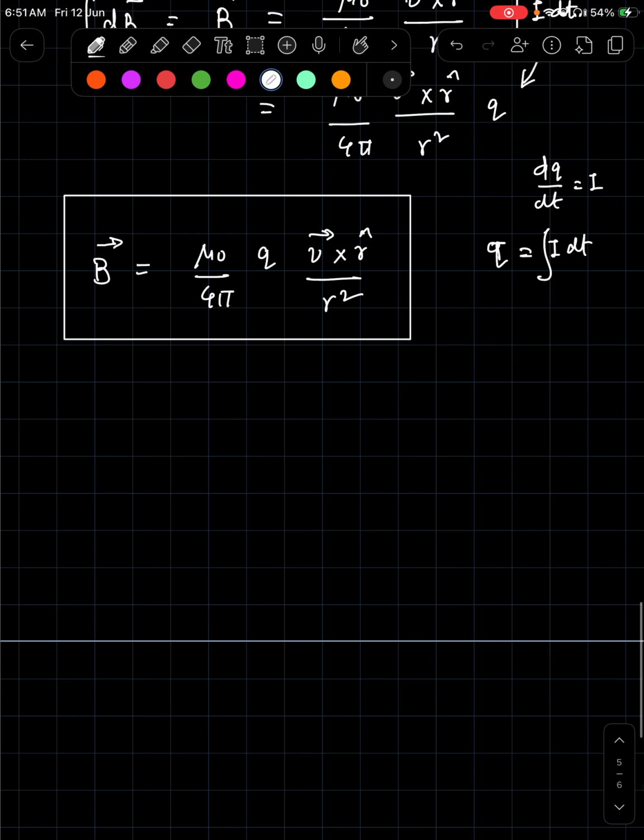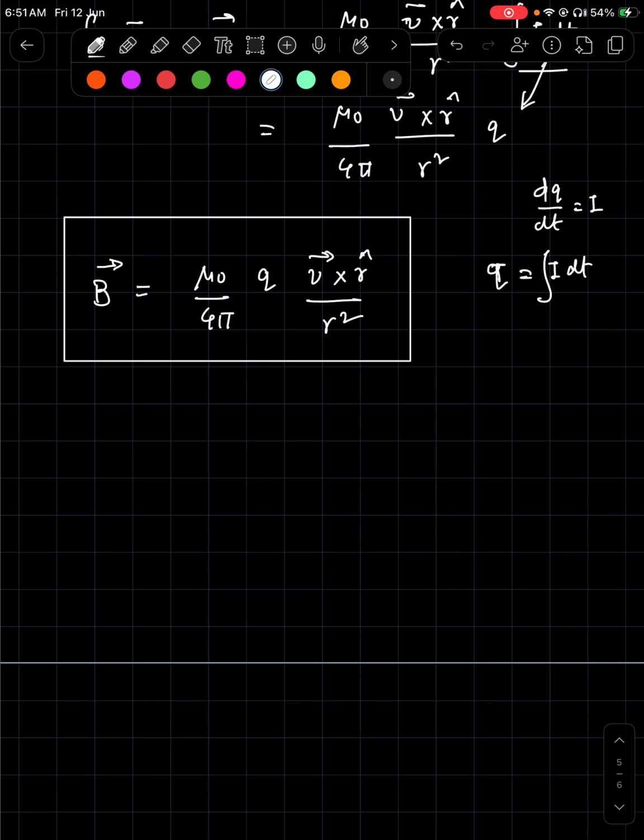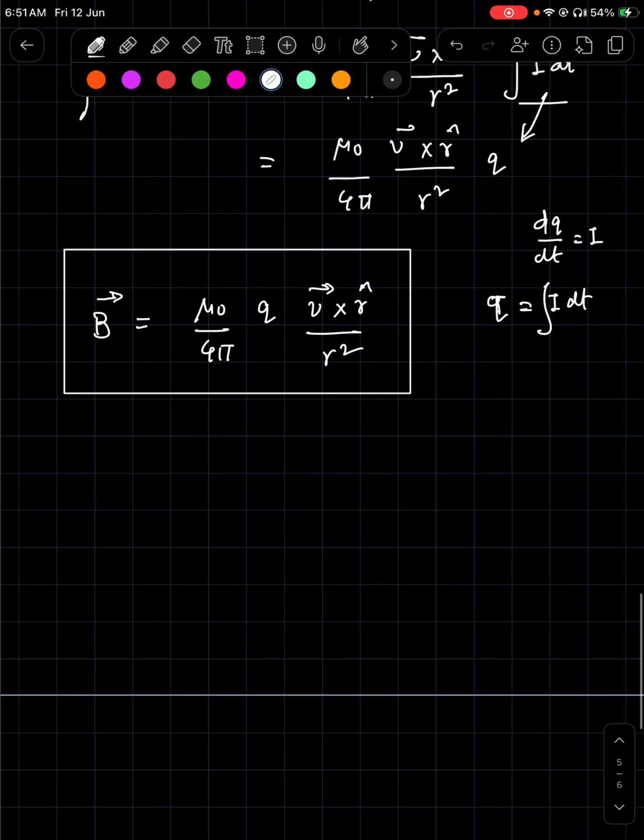So we have found three expressions of the same magnetic field, and one is the basic definition of the magnetic field. Now we are going to summarize what we have already learned. So, three expressions.